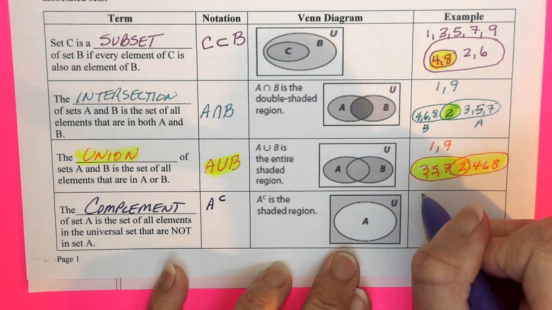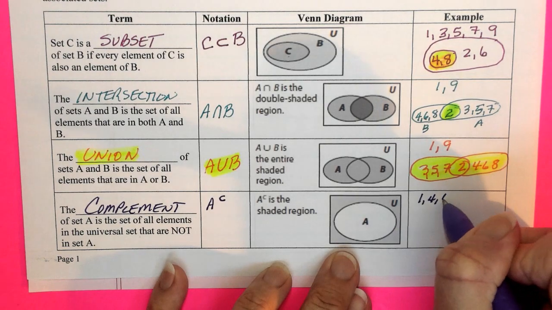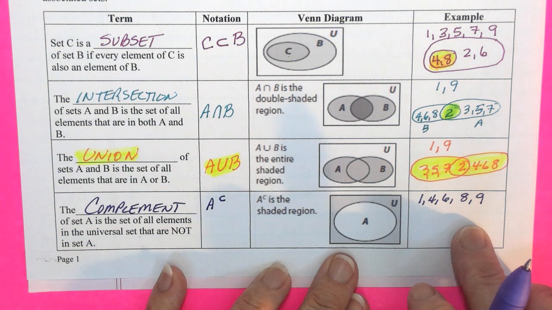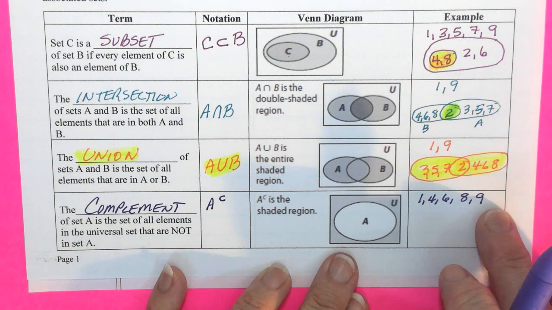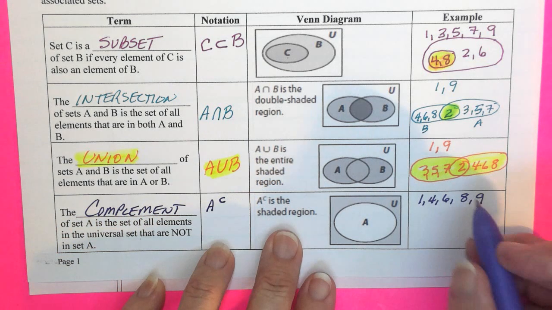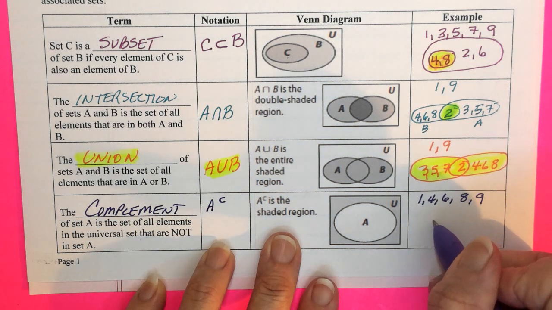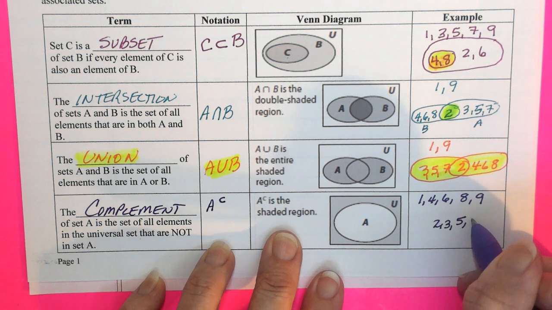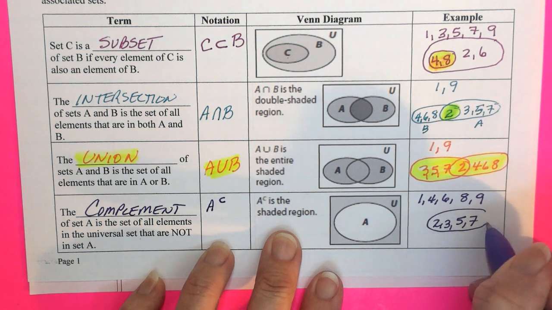So here if we write it out, we have 1, 4, 6, 8, 9, because those are part of the universal set. A complement is the shaded region. So let's go here. What is in A is 2, 3, 5, and 7 from our example.